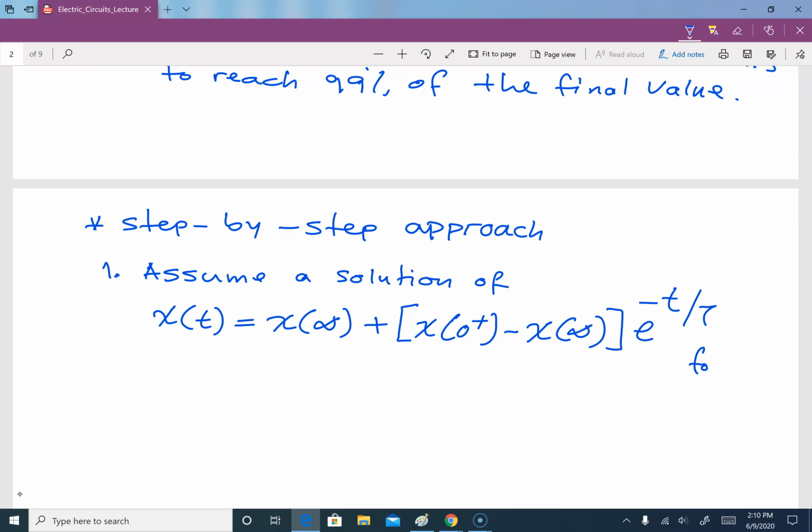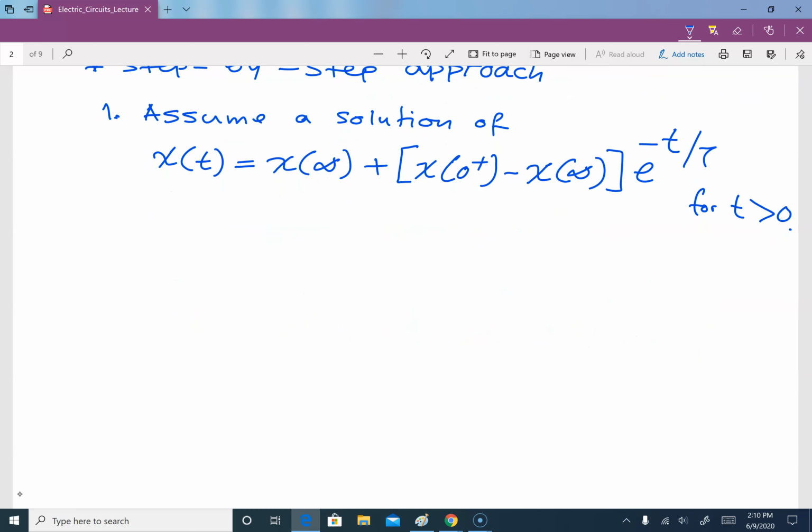And this is, of course, for t greater than 0. That is the first step. Here x is voltage or current, depending on what the question is asking you in that problem.